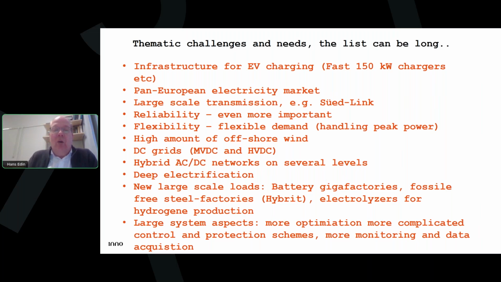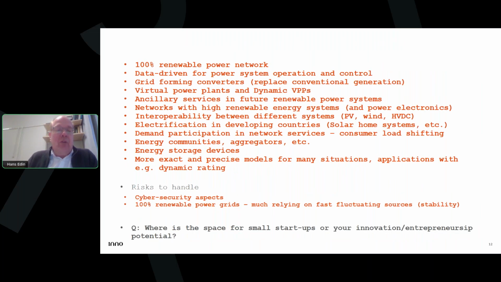So the list can be very long, and so is the number of challenges that have to be tackled. Not everything is opportunities. There are also some threats, weaknesses, and risks to handle. The more computerized you make everything, the more risky it will be that it is attacked by cyber attacks and so on. So there is even a lot of work for computer engineers in this field, one can say.